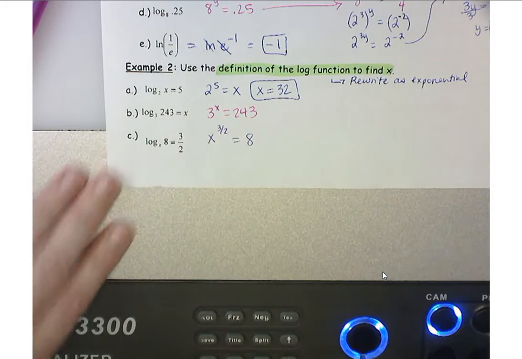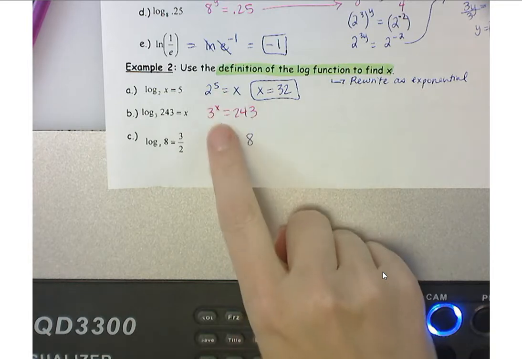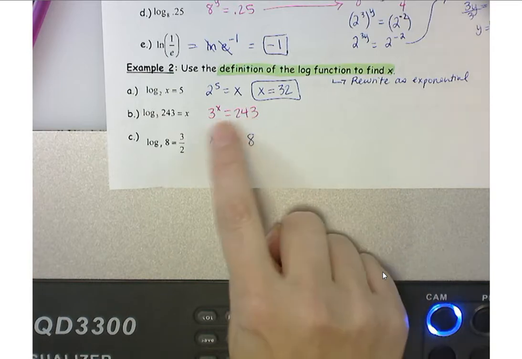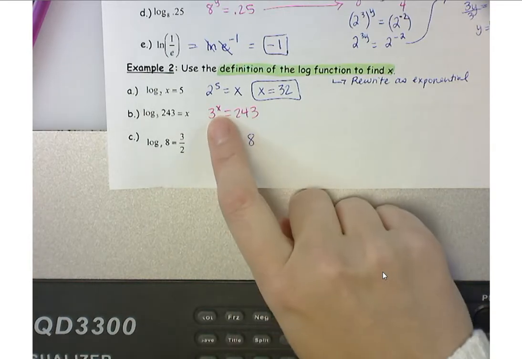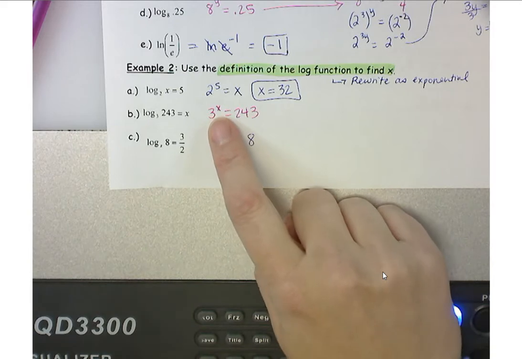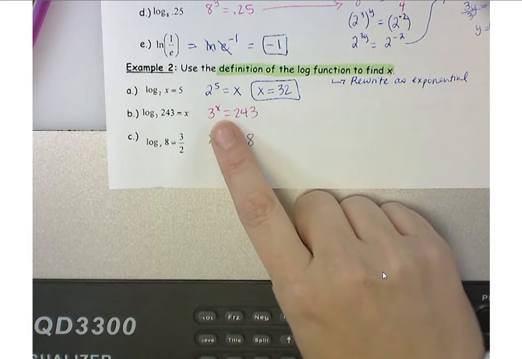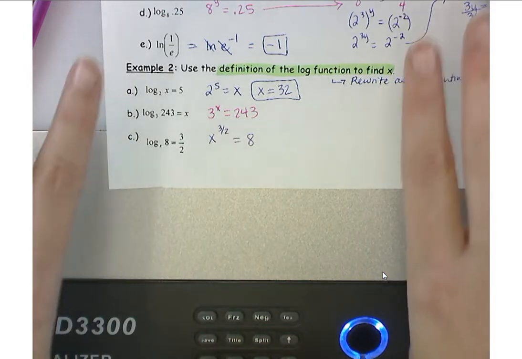All right. Now, this one was pretty simple, right? 2 to the 5th, we got that. This, we're going to have to find 3 to what power is 243. I feel like we all should know 3 cubed off the top of our head, right? 3 cubed is 27. If you think of 3 to the 4th, 3 to the 4th is 2 pairs of what?